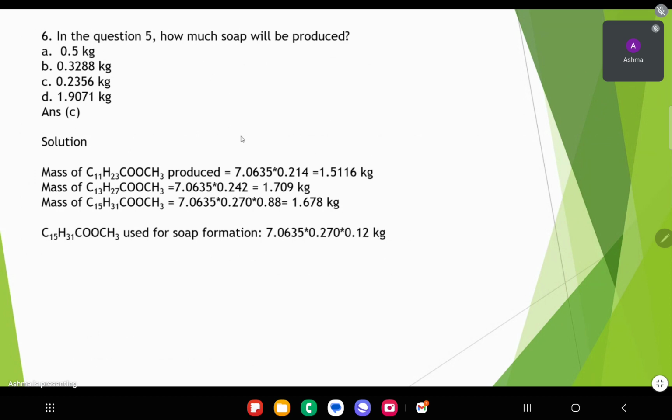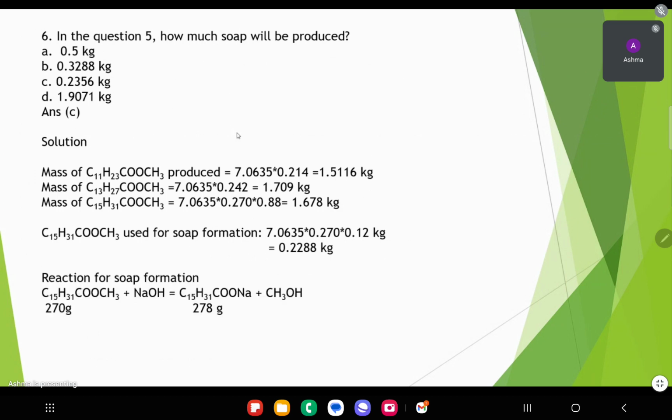This acid is used for soap formation. So around 12% soap is produced. So the amount of this acid used for soap formation is 0.2288 kg. Now the reaction for soap formation is that this acid reacts with NaOH to produce the soap. So the molar mass of this acid ester is 270 grams, and the molar mass of the soap produced is 278 grams.